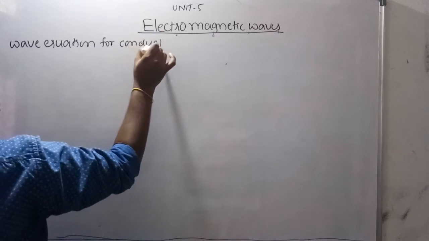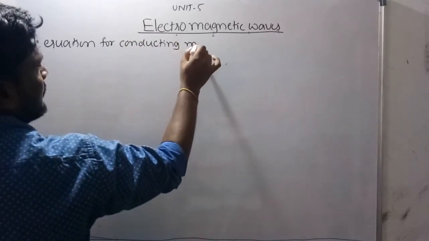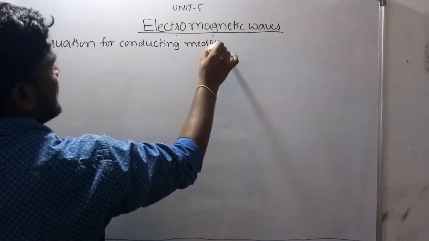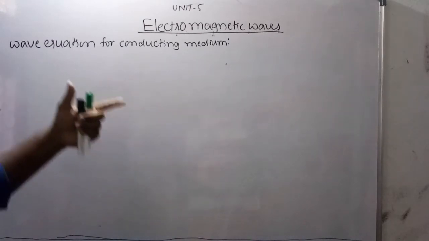To derive this wave equation for conducting media, we need the help of Maxwell's equations. From Maxwell's equations only we can derive the expression for the wave equation.